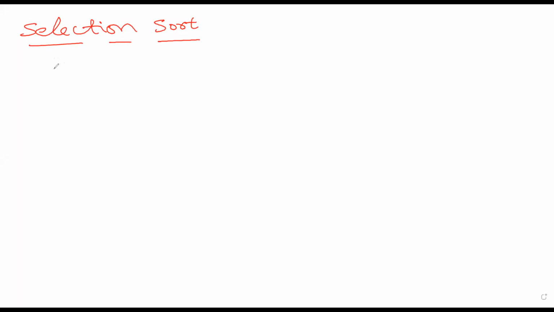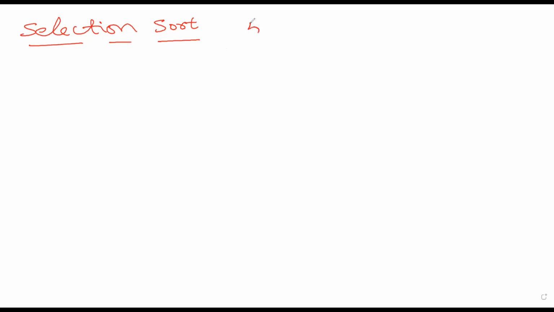In the case of selection sort, instead of performing multiple swappings, there is only one swap per step. That is the main difference between our first sorting technique and this second one, selection sort. Now we'll continue our discussion on selection sort.